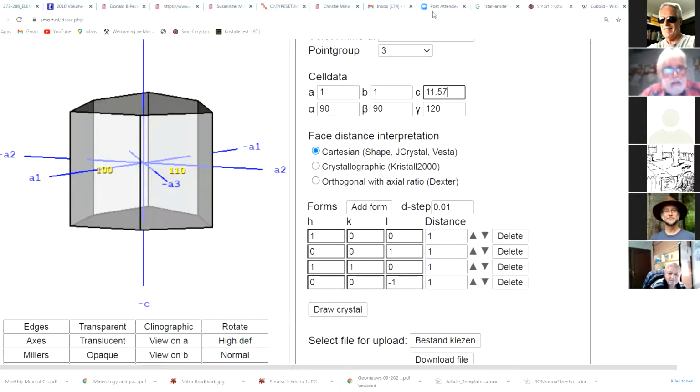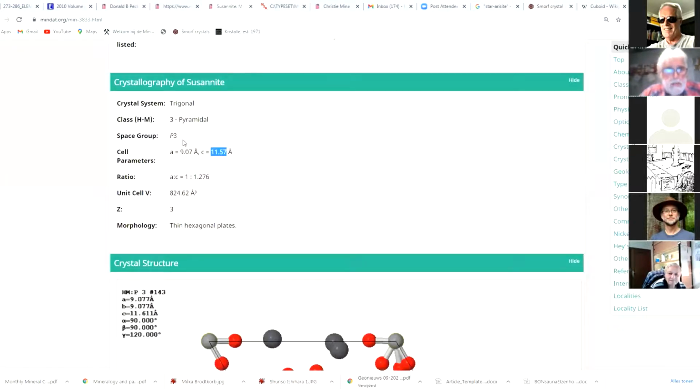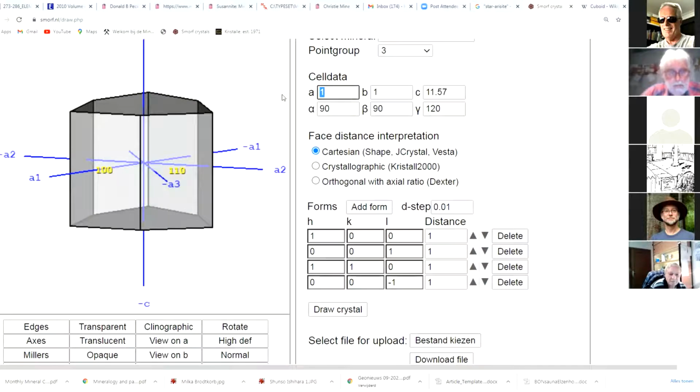And let's see here, Susanite. Okay, so this should be, okay, doesn't change much.